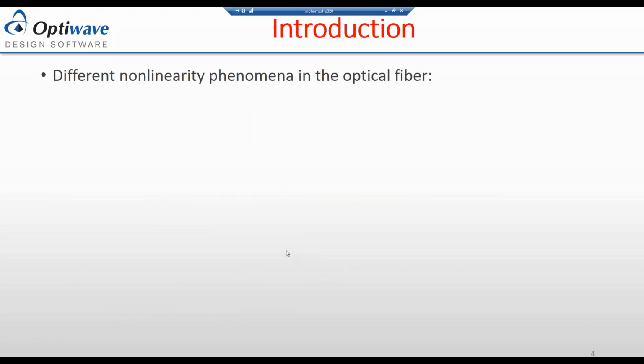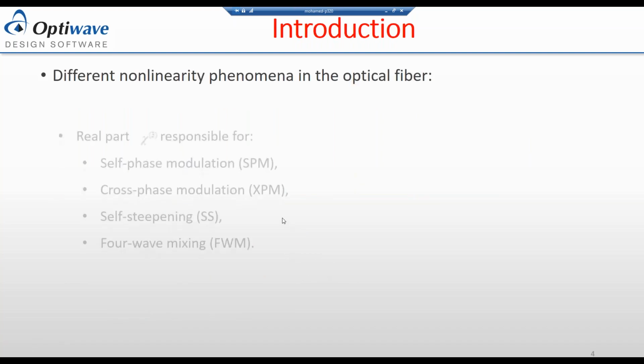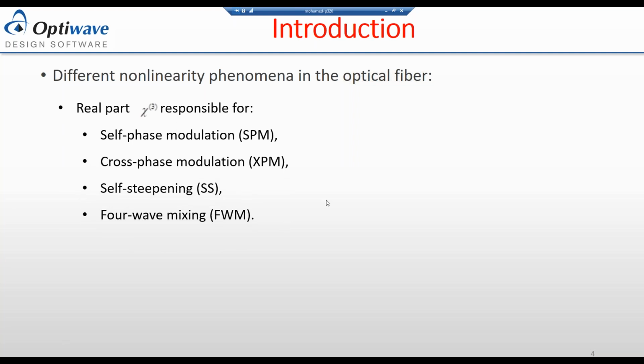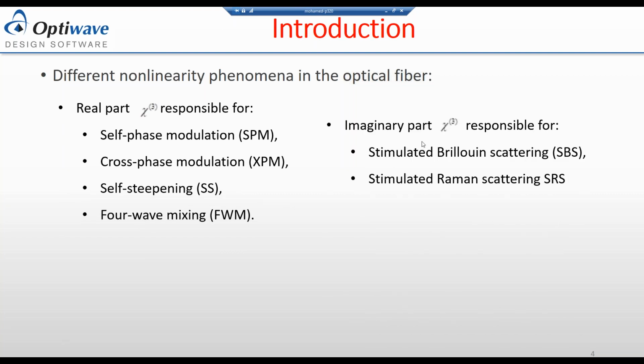Okay, let's classify these different phenomena. As we said, we have different nonlinear phenomena. The real part of chi3 is responsible for self-phase modulation, cross-phase modulation, self-steepening, and 4-wave mixing. The imaginary part is responsible for stimulated Brillouin scattering and stimulated Raman scattering. This scattering has 2 kinds.